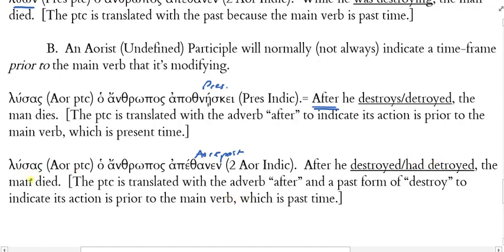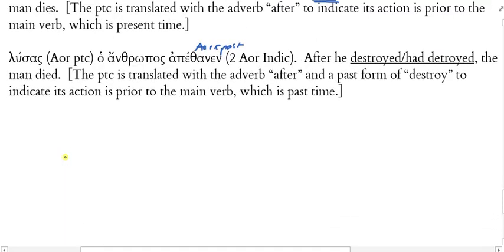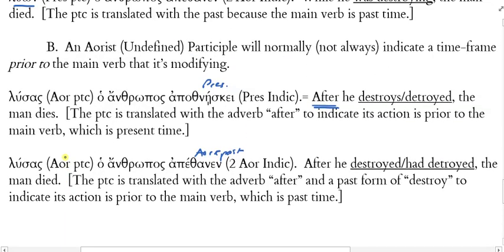The main verb is past. The participle, if it's aorist, is further back in the past. Okay, so after he destroyed, the man died. Which happened first? The destroying, then the dying. Okay? All right, so that's basically how we're going to think about the nature of the relative time of these participles.